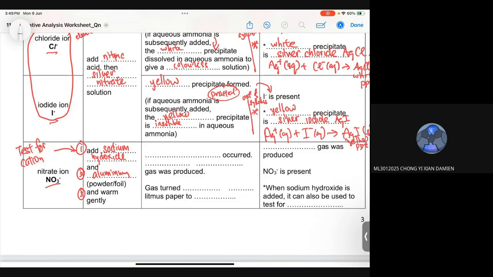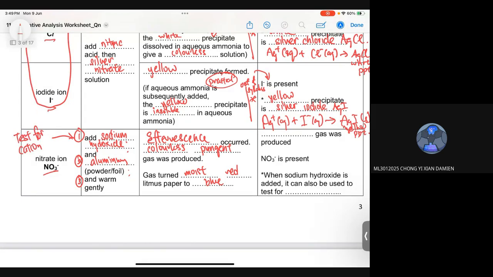Now, how do you know if nitrate is present? By doing all this and warming gently, you start to see effervescence. When effervescence occurs, you see a colorless, pungent gas evolved, and that gas turns moist red litmus paper blue.